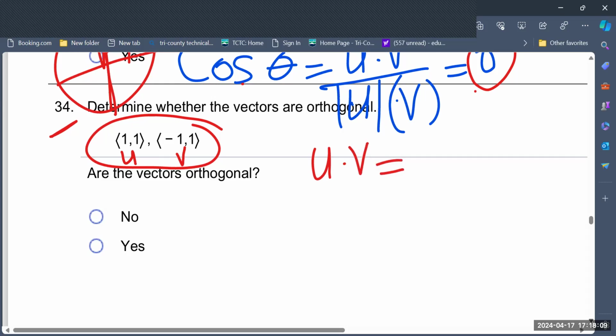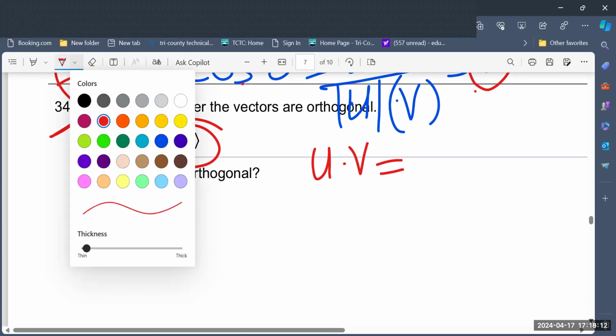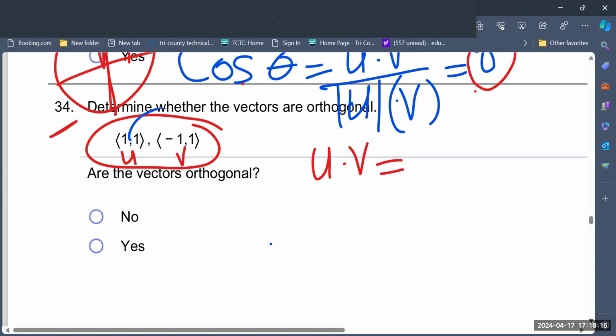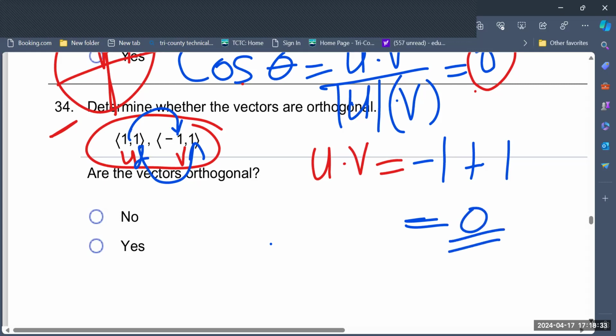I'm going to multiply the horizontal component of vector u with the horizontal component of vector v, vertical component with vertical component, and then I will have negative 1 plus 1, and negative 1 plus 1 is 0. So the dot product of the two vectors is equal to 0. Therefore, the vectors are orthogonal.